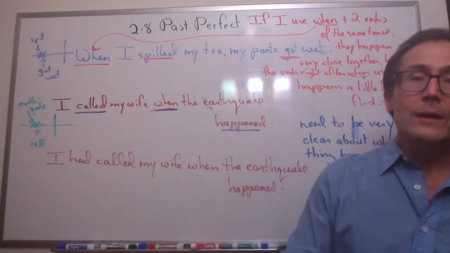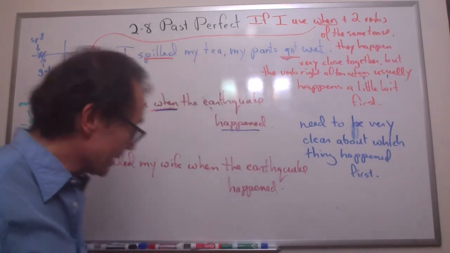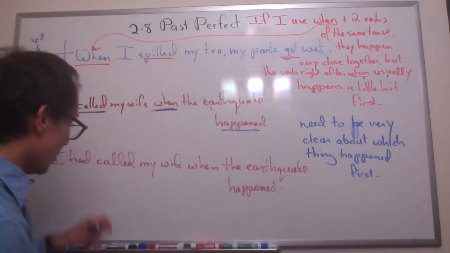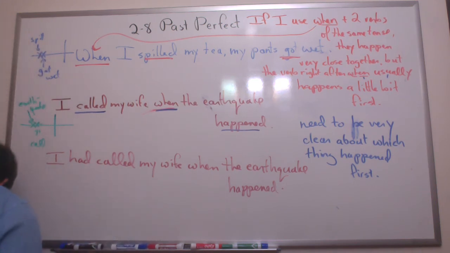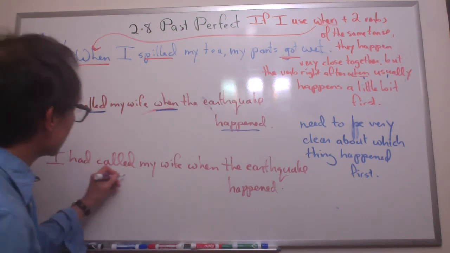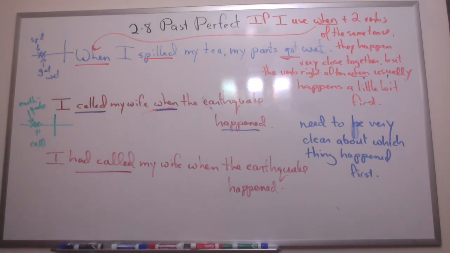Now, let's look at a sentence with past perfect, okay? I had called my wife when the earthquake happened. Now, let me see here. That color's too close. Let's maybe use black.